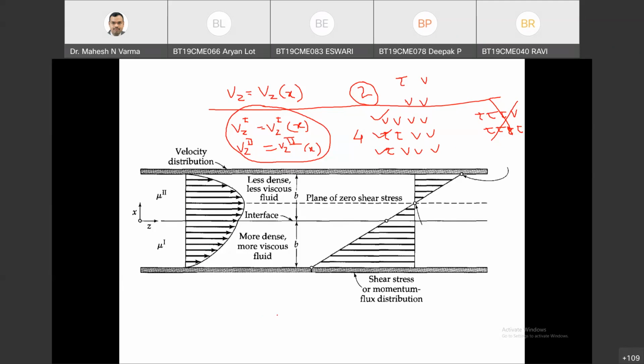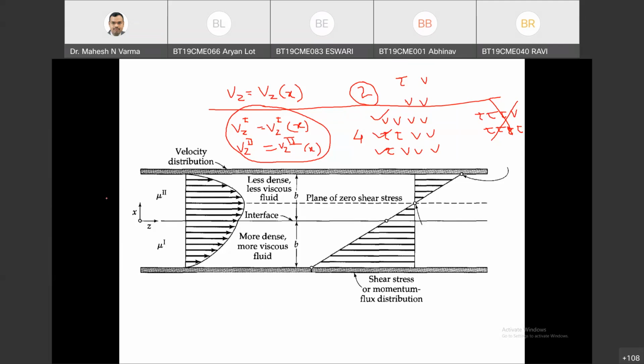How many boundary conditions are available? Now just take down the information from the problem. What are the boundary conditions given in the problem?